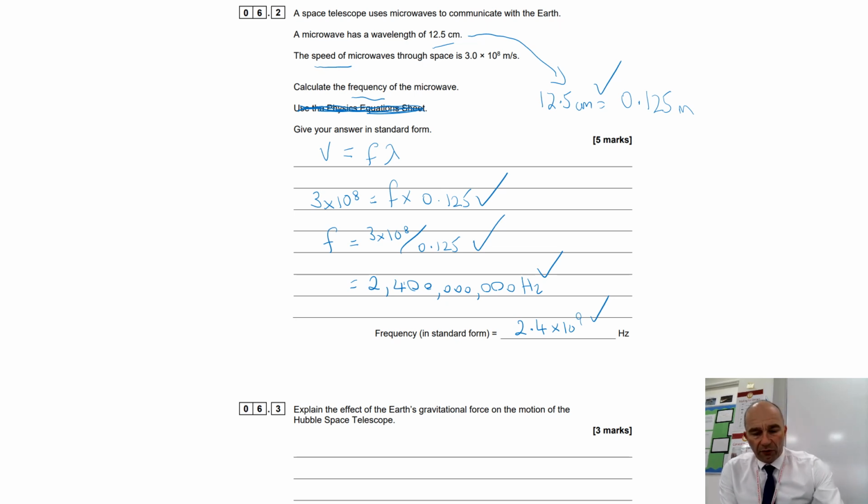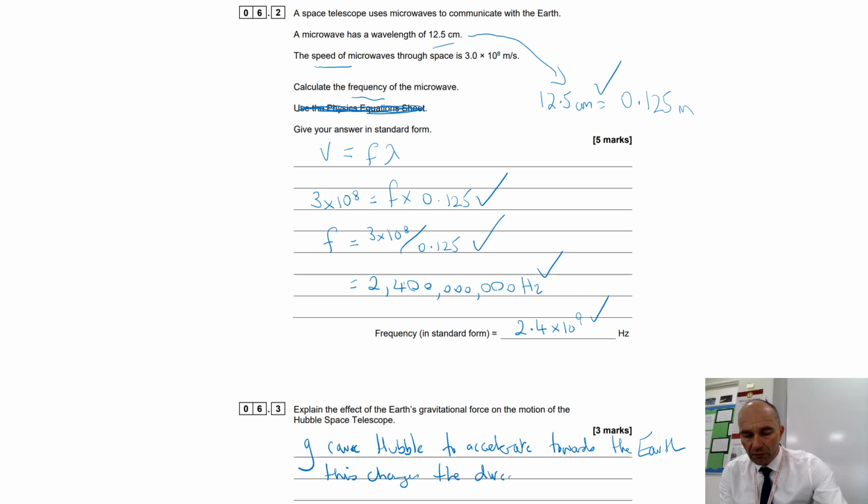So the gravitational force causes Hubble to accelerate towards the Earth, and that changes the direction of the motion, but not speed.